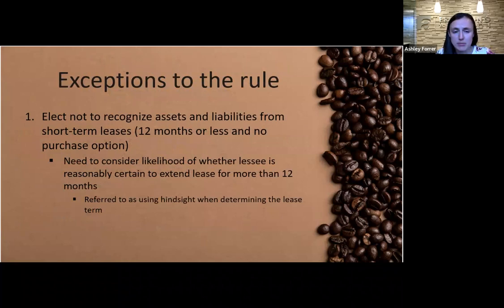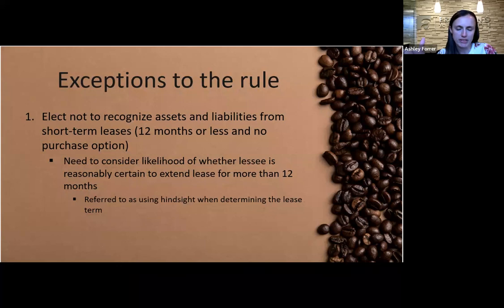However, there are a few exceptions to the rule, meaning not every contract is considered a lease. One example would be any short-term leases, short-term meaning 12 months or less with no purchase option. However, you would need to consider if there's an extension period written in that lease. If there is, what the standard refers to is using hindsight when determining the lease term.